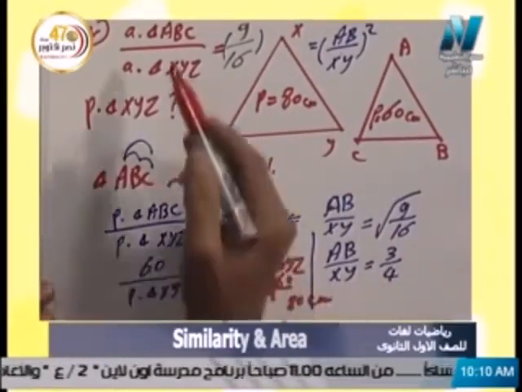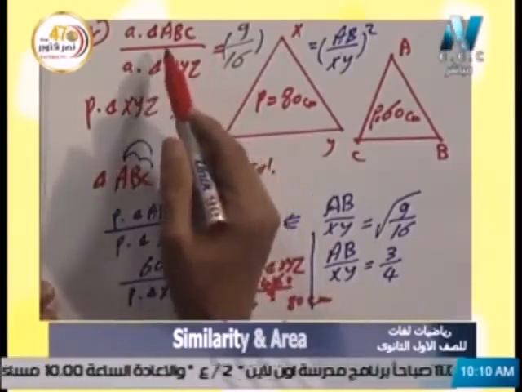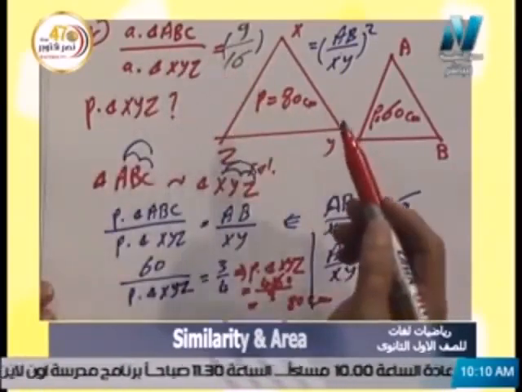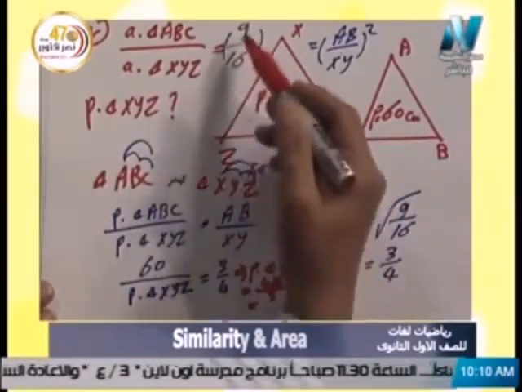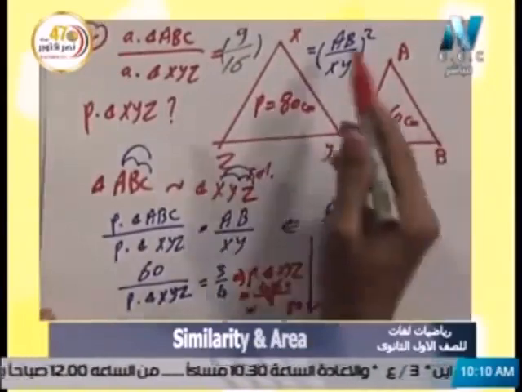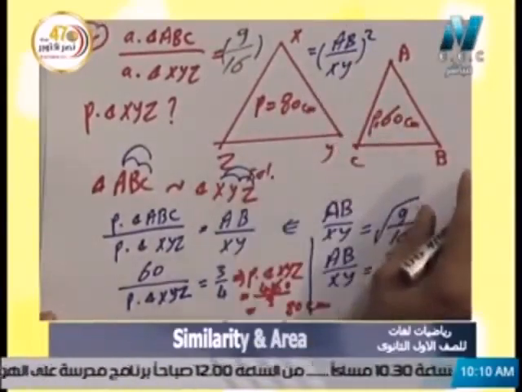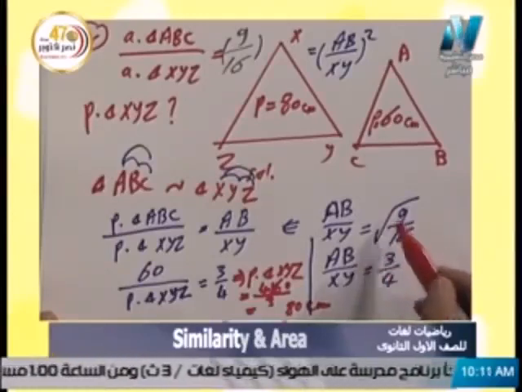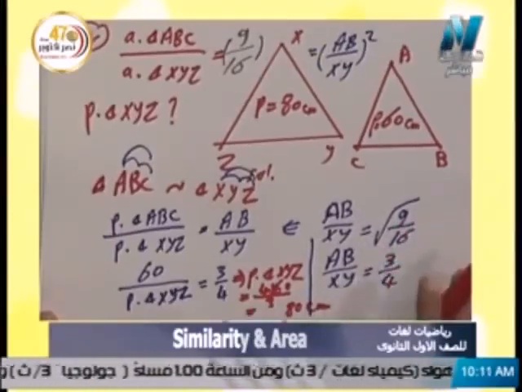The given is the ratio between the two areas, 9 over 16. We take the square root of 9 over 16 because 9 over 16 means AB power 2 over XY power 2. The square root equals 3 over 4.